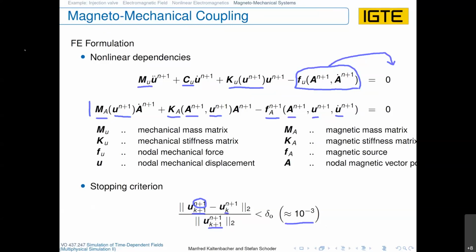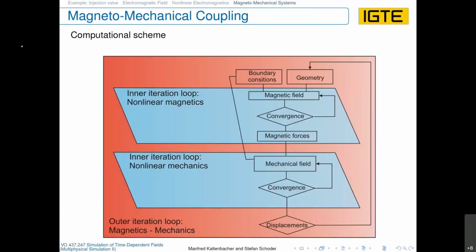And this procedure is illustrated here just as a computational scheme. So what we can see here is what I just have told you, that we have here nothing else than our magnetic part, which also needs to be solved iteratively when we have to take into account the material nonlinearity within the computation of the magnetic field.